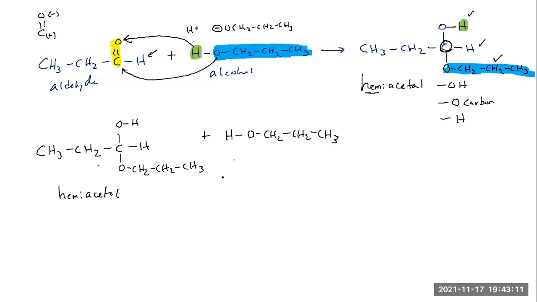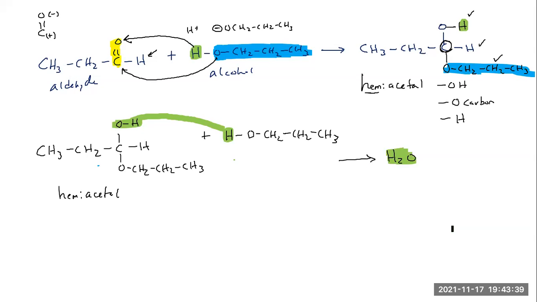So what's going to happen in this case is we've already added some stuff. So actually we will get water formed. And water is going to come from basically the OH that's here and the H that's here. So these two guys are going to come together to make water.